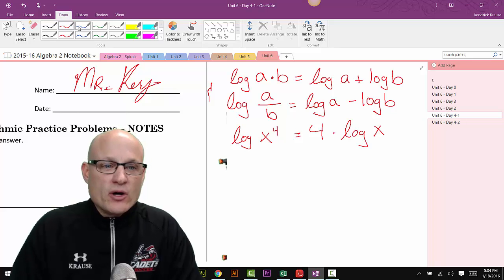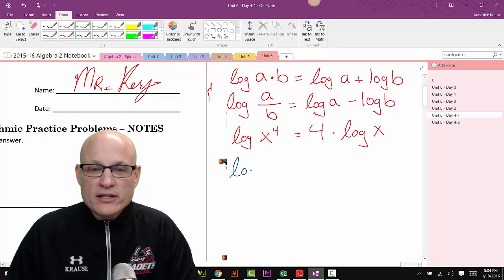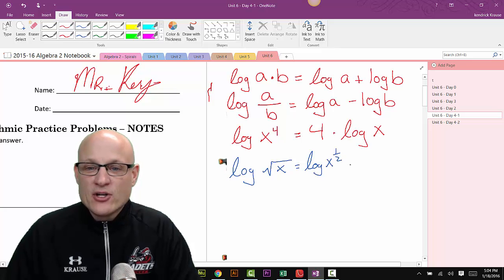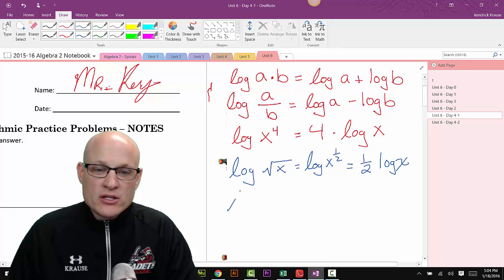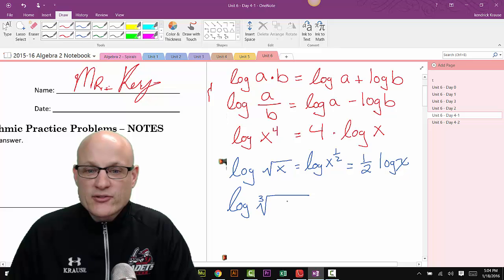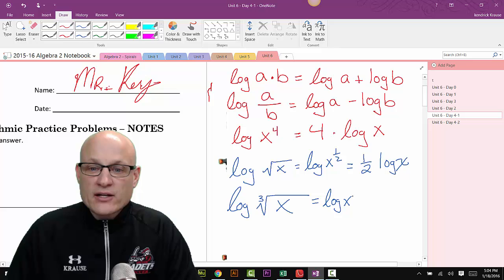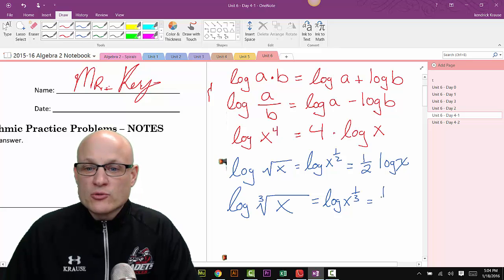Now, there's also another one. Maybe I give you the log of the square root of x. That's the same as the log of x to the 1/2, which is the same as 1/2 log x. If I gave you the log of the cube root of x, that's the same as the log of x to the 1/3, which equals 1/3 the log of x.